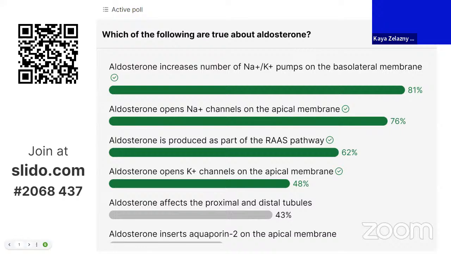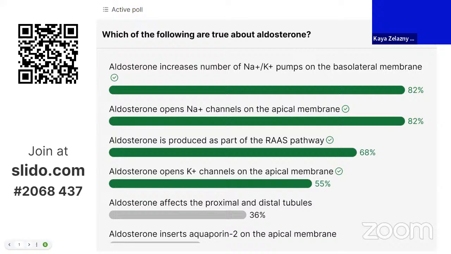So that part that's facing the blood. So this is what's going to drive the gradients of the ions it controls. So one of the ways it affects your body is by making more of them, putting them on that basolateral membrane.